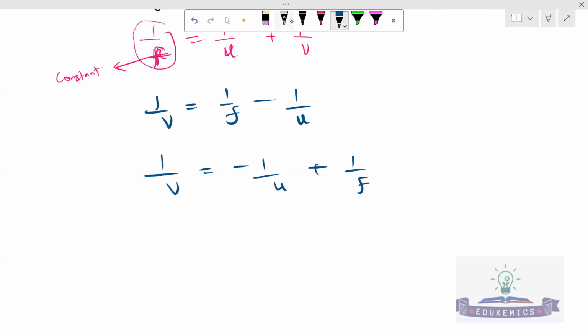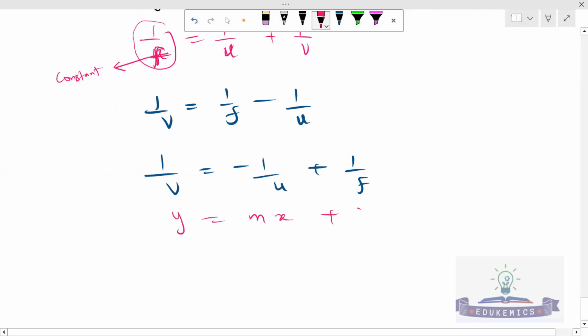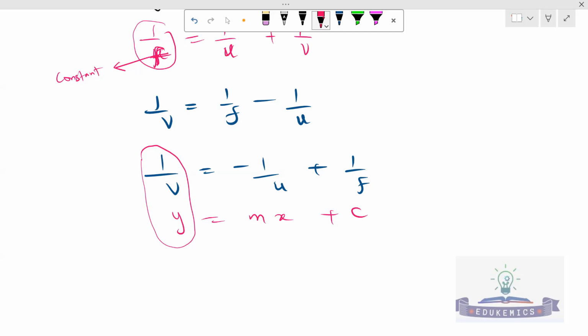So if we compare it with the linear equation y equals mx plus c, you can see that the y-axis is 1 over v, and the x-axis equivalent should be 1 over u, and the intercept is 1 over f.